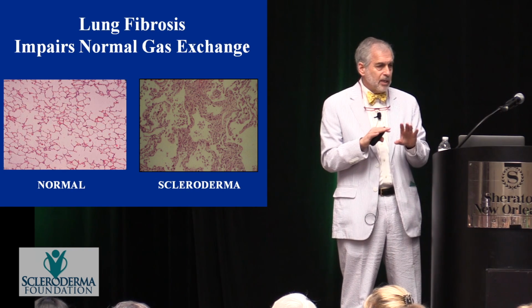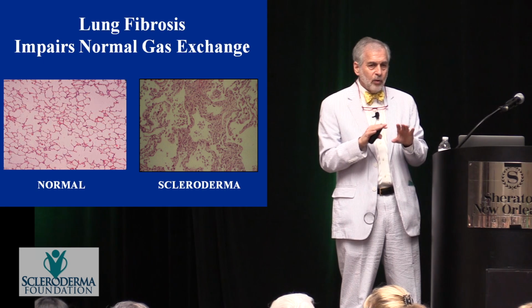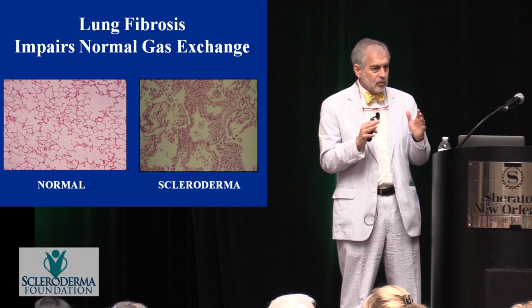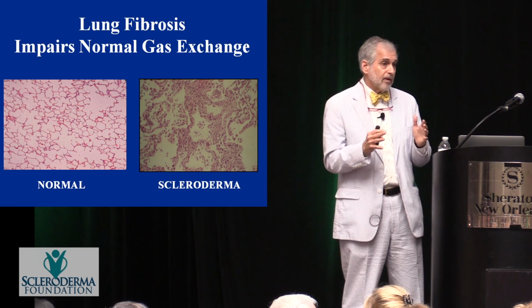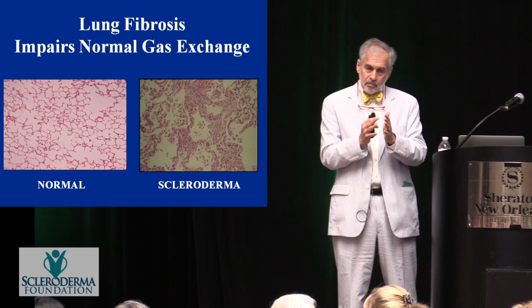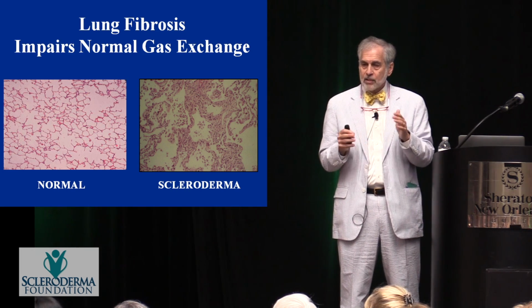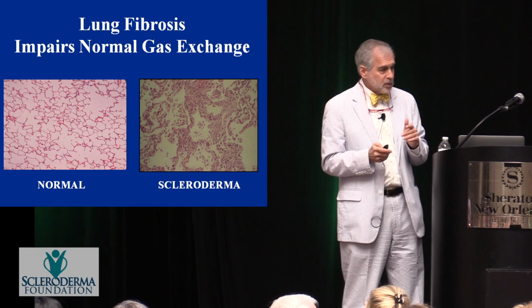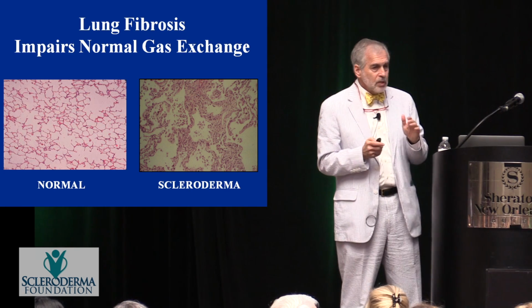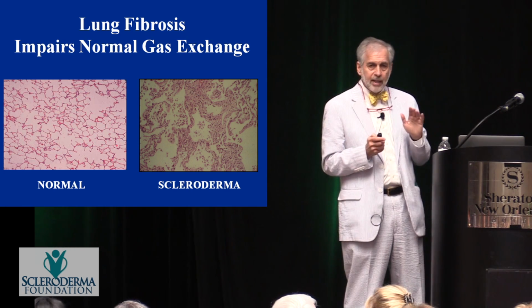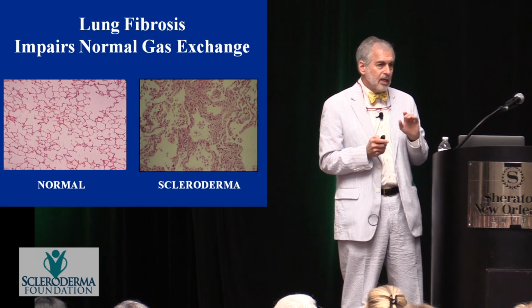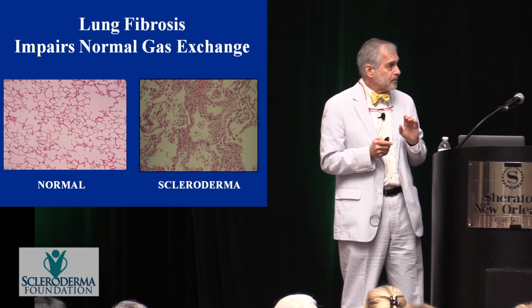You don't have as many alveoli, and you have a lot of space due to inflammation, cells, and collagen fibrosis, which is increasing that space between the air and the blood. And that can certainly impair respiration. So this is a very important part, and this is why interstitial lung disease leads to shortness of breath.